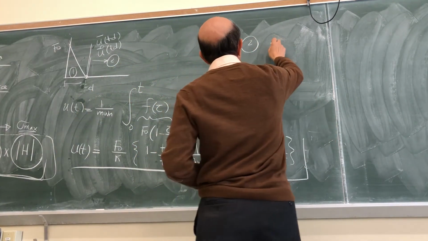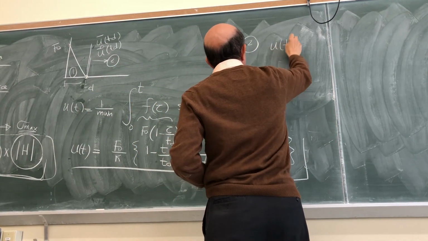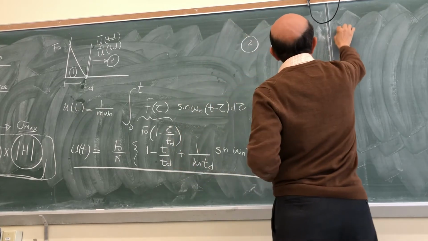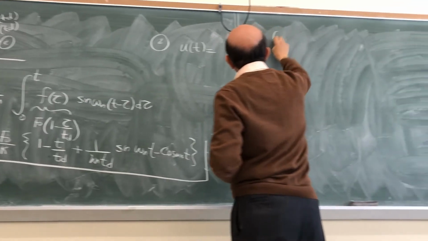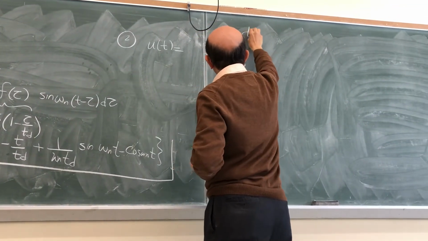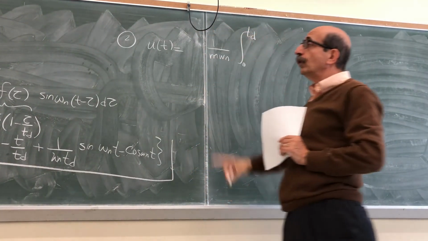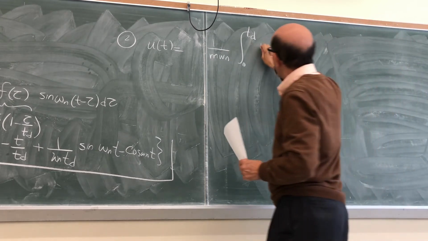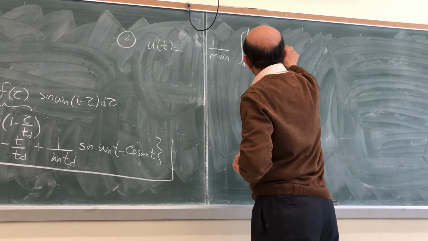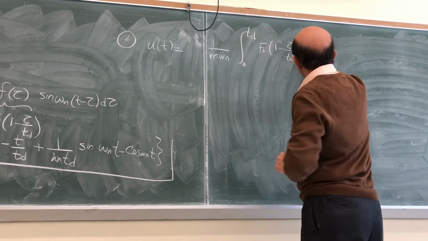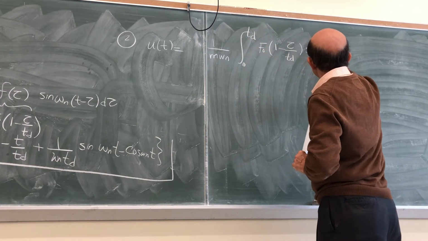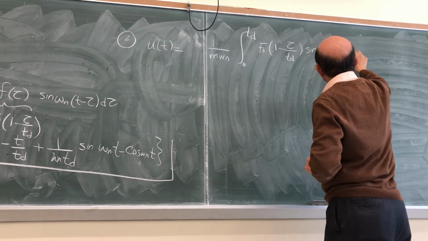Another approach would be, you can just write this. You can say that u of t would be the response evaluated using the Duhamel integral from 0 to td of f0, 1 minus tau over td, okay, sine of omega n (t minus tau) d tau.